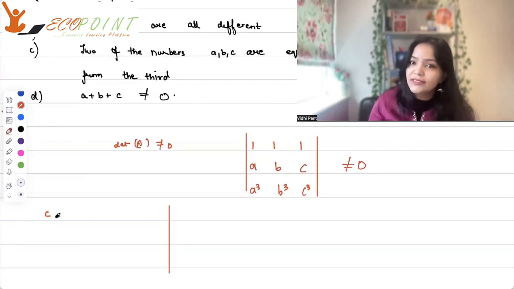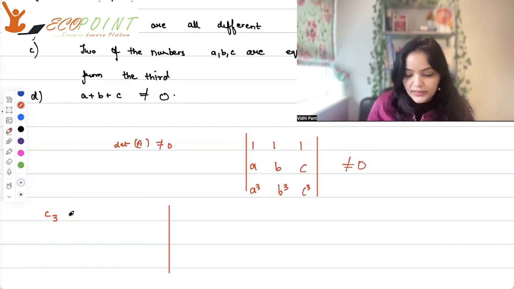If it's just a determinant, if it's just any matrix given to you, column operations are also welcome. Now, here what we can do is we can take C2 as C2 minus C1, C3 as C3 minus C1.